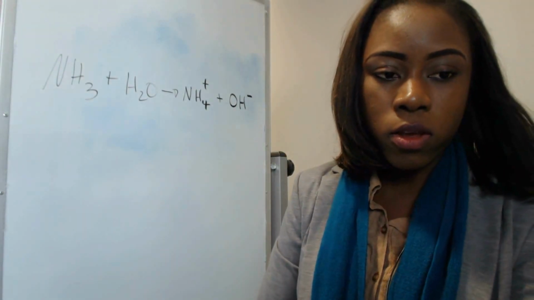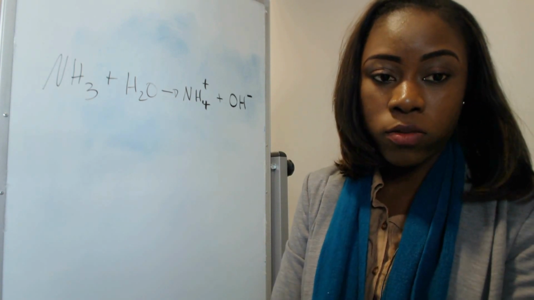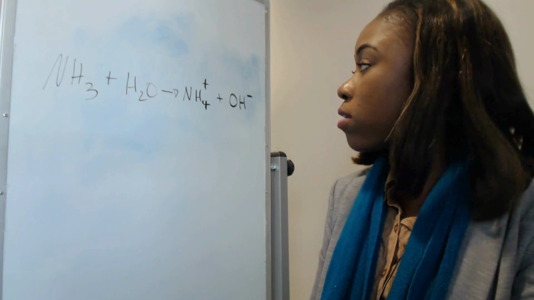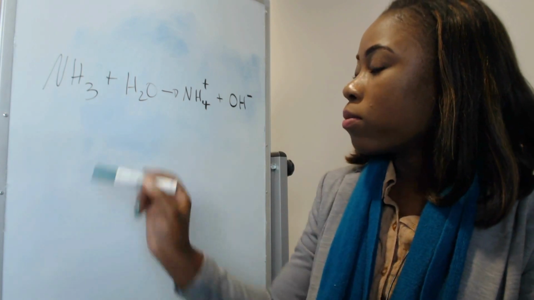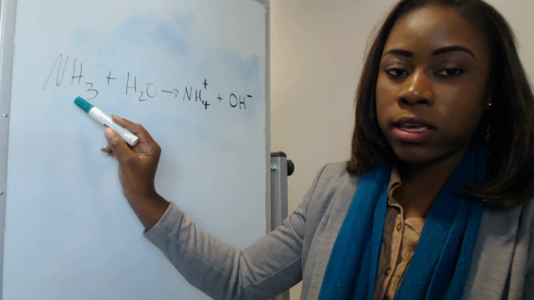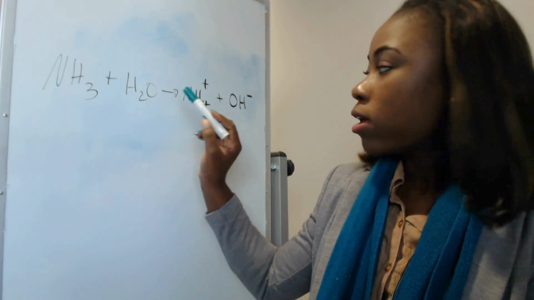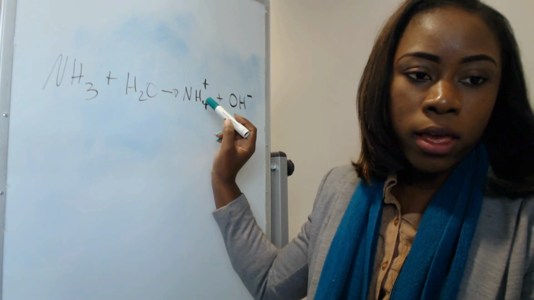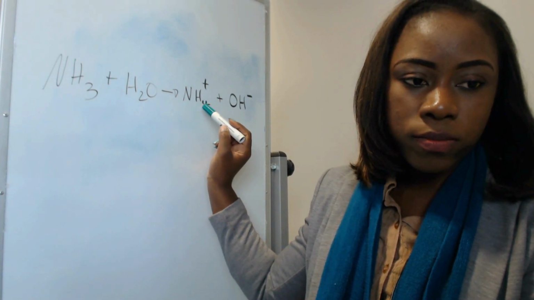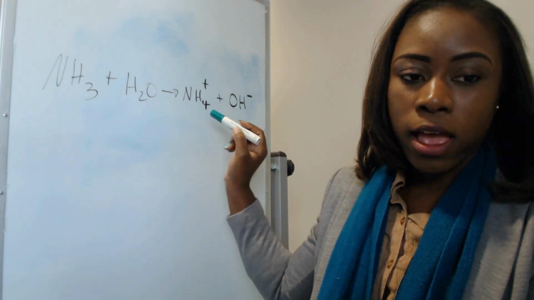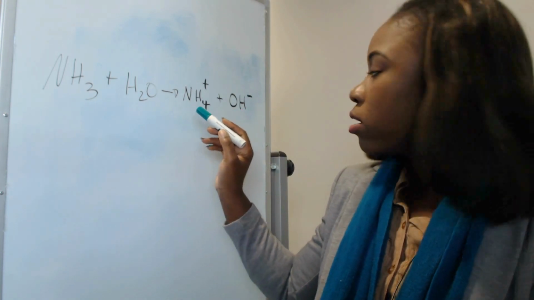So in the last case, we saw that water behaved like a base, and in this case, water behaved like an acid, because ammonia gained one proton from water, and it becomes ammonium ions. So then OH-.